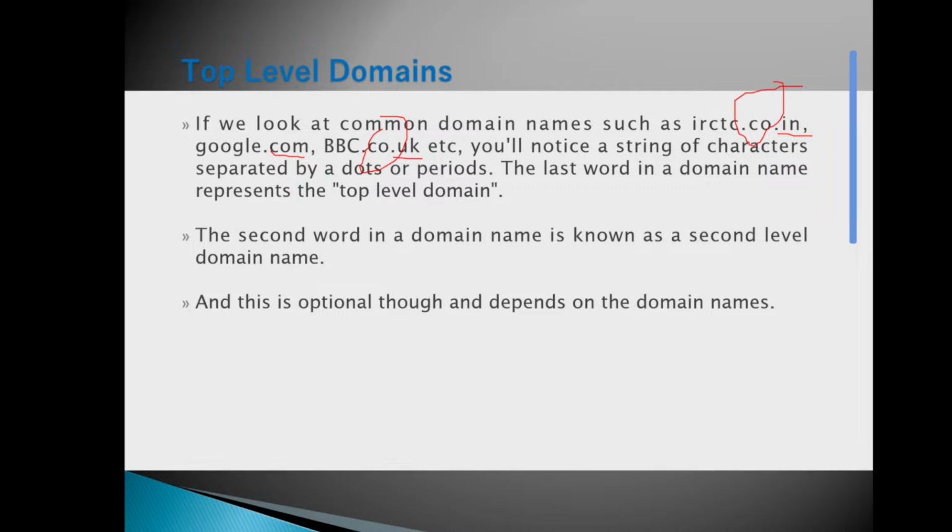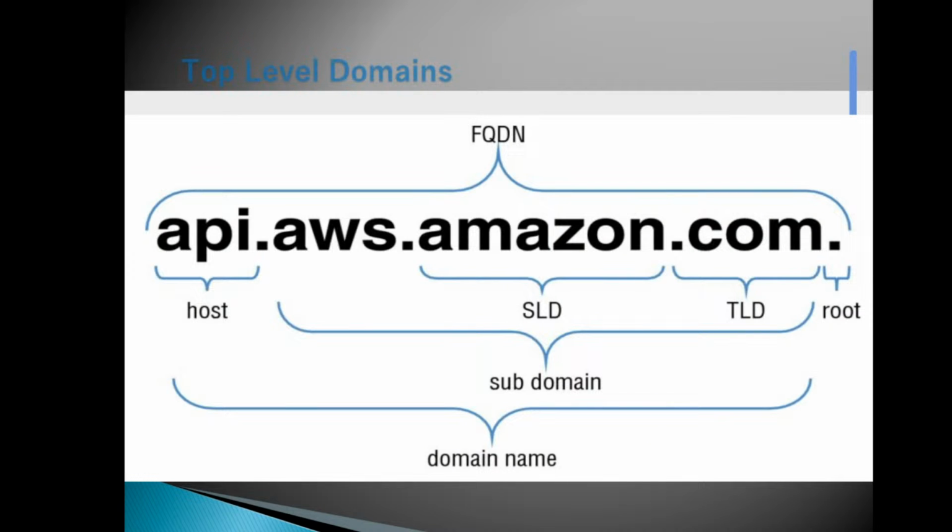For example .com, .edu, .gov, .co.in, .gov.in, and so on. So this is one of the representations you can see. .com is a top level domain name, TLD. Then Amazon is the second level domain name, if this is a URL.